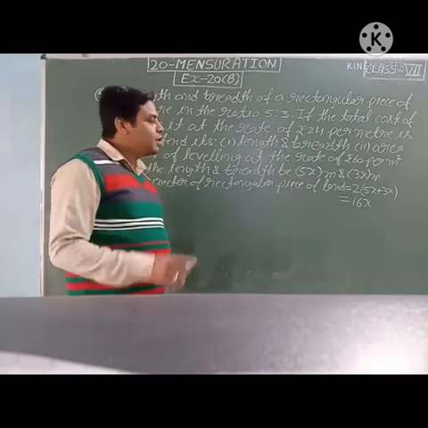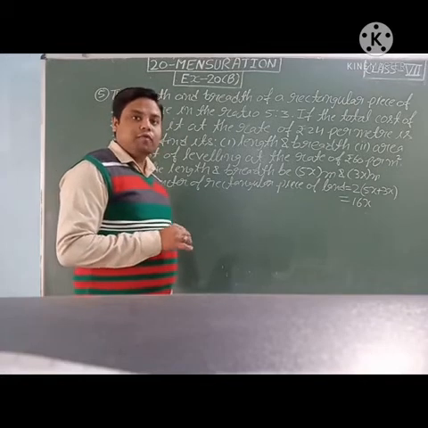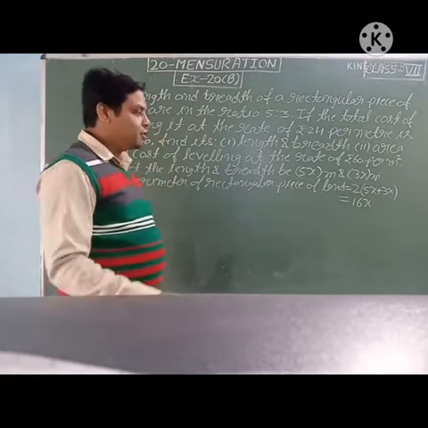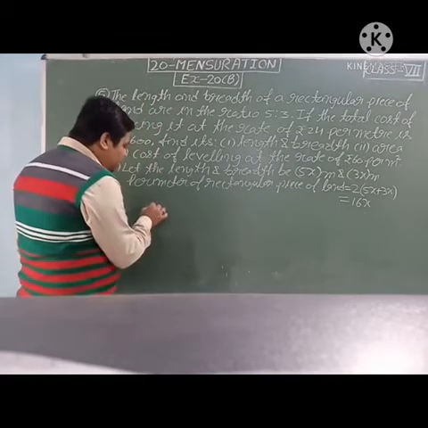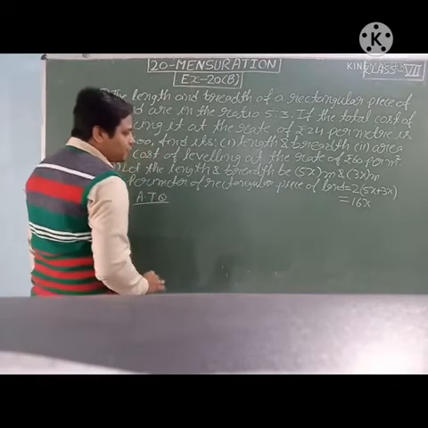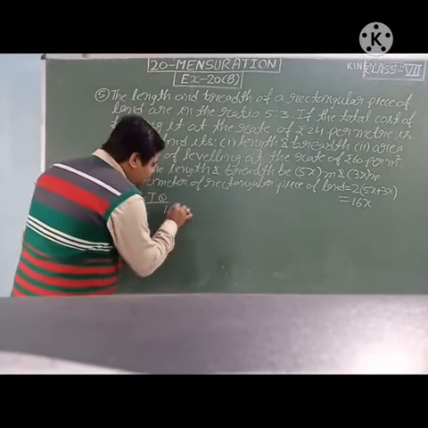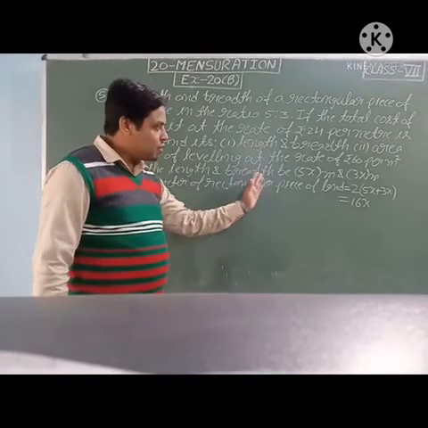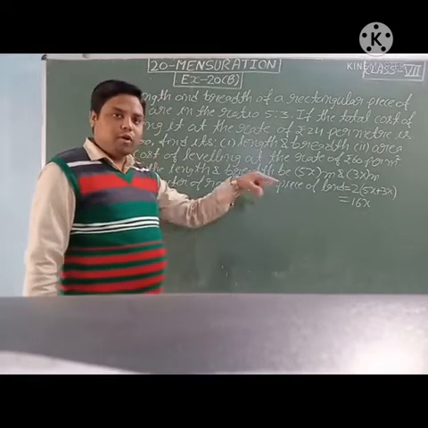So students, now we will find the cost of fencing. As I told you in the previous exercise and previous questions, the cost of fencing will be according to the question. 16x is the total length of the rectangular piece of land, meaning the sum of all four sides.